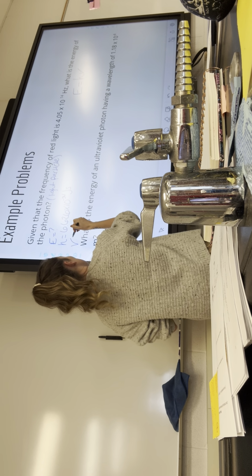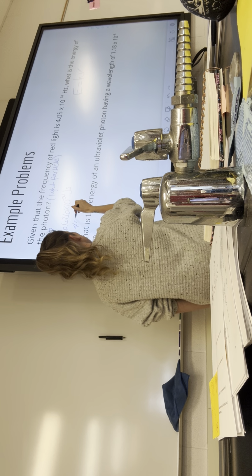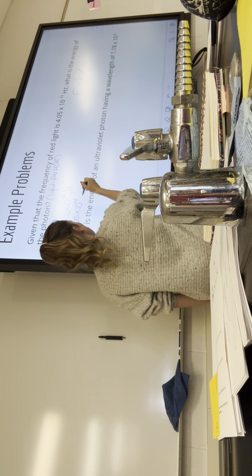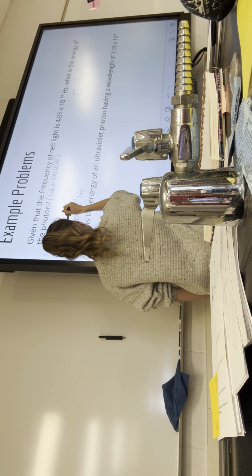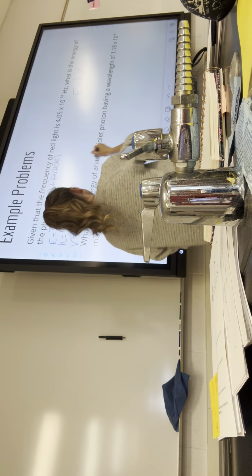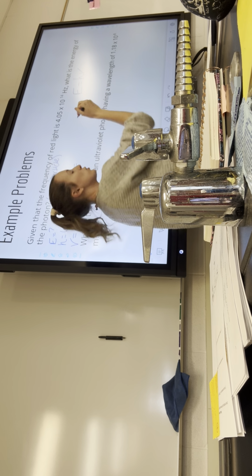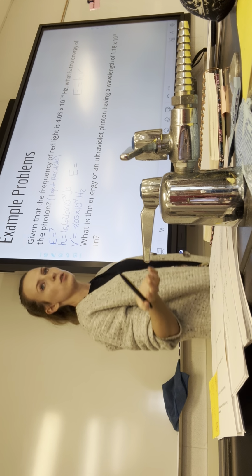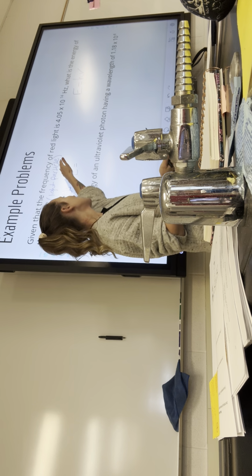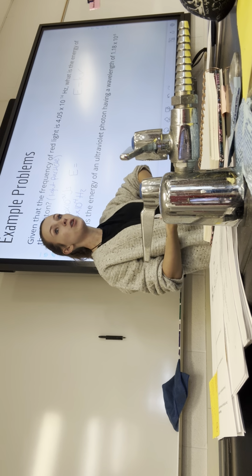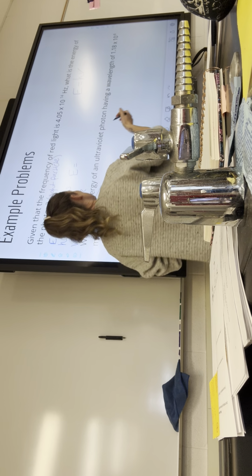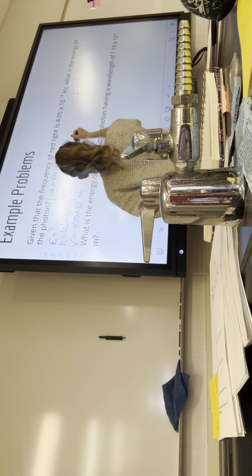And then we're given our frequency, 4.05 times 10 to the 14th hertz. So now it's just plug and chug. Remember, you do need to show us your units somehow in this, whether you set it up this way and put all your units here, or if you set up the actual equation and put your units there, you have to show us units somewhere. I'm going to do it in both because I can't stop myself, that's how I've always done it.